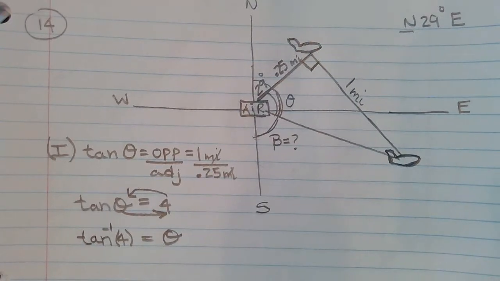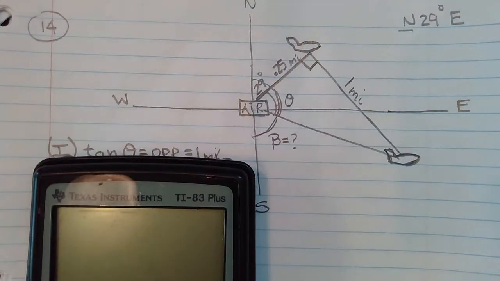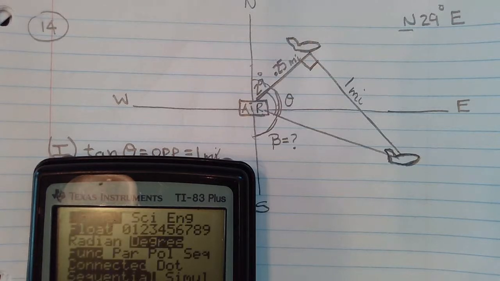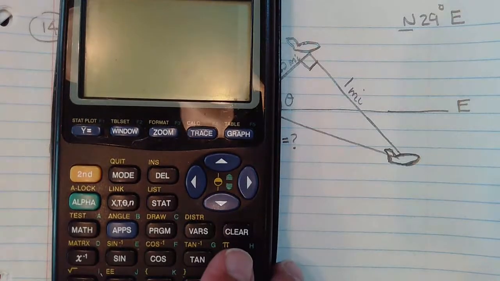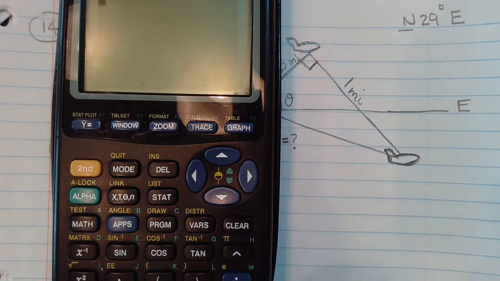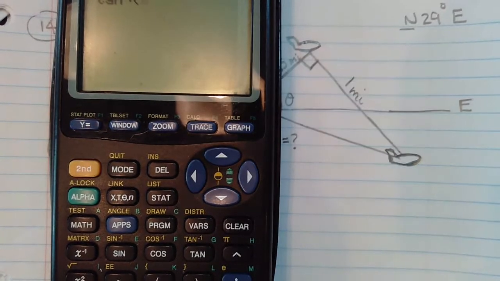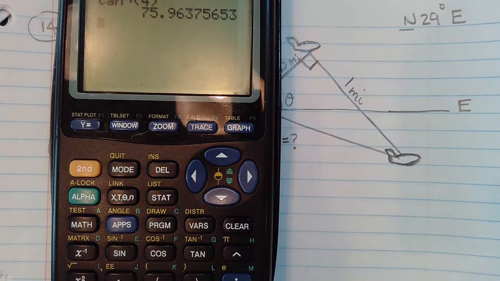And if you want that in degrees, make sure that your mode is in degrees. I'm in degrees. I'm going to quit out of there and press inverse tan. So second inverse tan, put in the 4, my mode's in degrees, and I'm going to hold on to 4 numbers after the decimal, then round off to the tenths place.